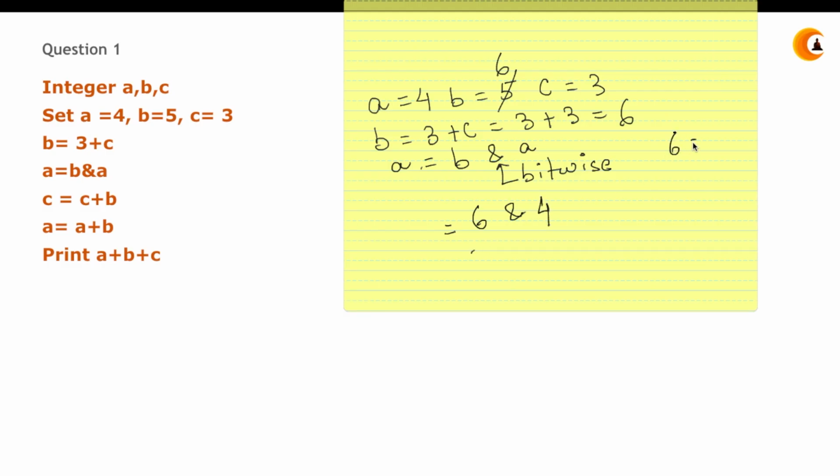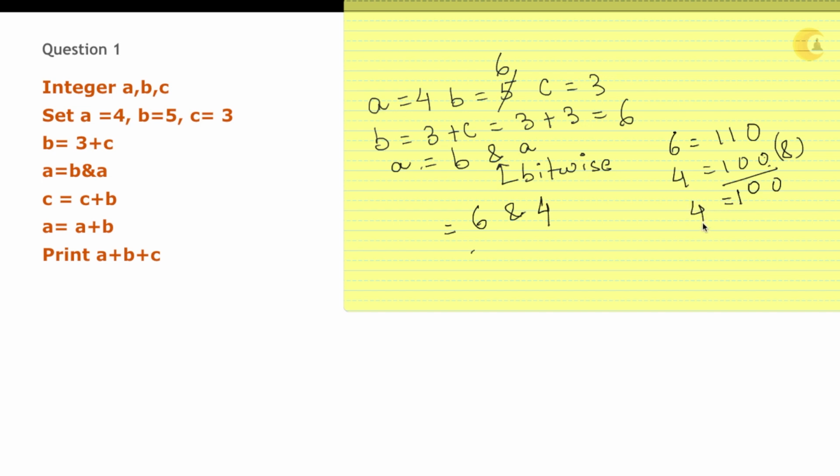Binary of 6 is 110 and binary of 4 is 100. Now if we perform the AND operation, whenever both are true, the output is true. So for 0 0 it will be 0, for 1 0 it will be 0, for 1 1 it will be 1, right? So what is this value? This is 4. So what is your a value? A value remains unchanged, that is 4.